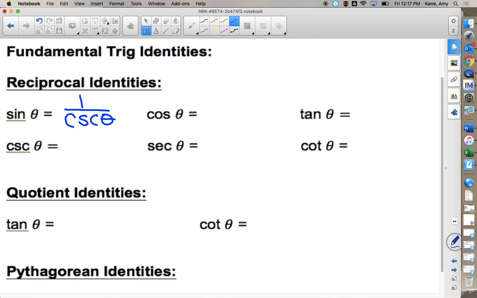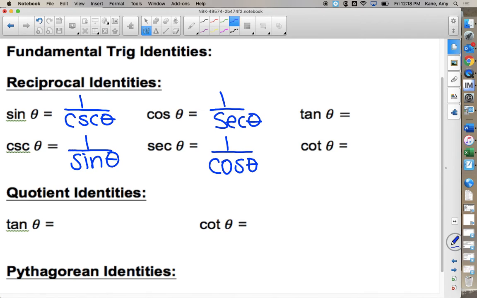We did the one underneath it when we were using the calculator and plugging in angles on Wednesday. So if I want to know what the cosecant is, I can take 1 divided by the sine to figure out the cosecant, because that's the only way you can find cosecant in the calculator. And that's called a reciprocal identity. So reciprocal is taking 1 over the reciprocal function. So cosine, Julia, would be 1 over the secant, or the secant is 1 over the cosine.